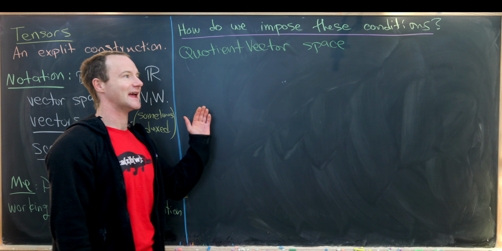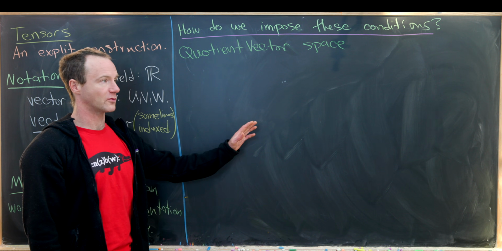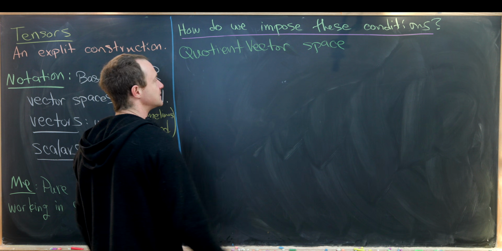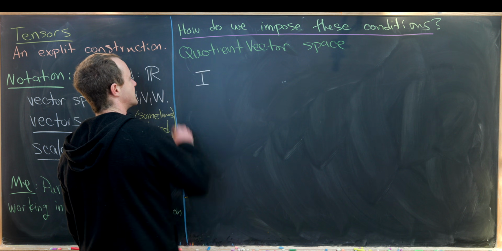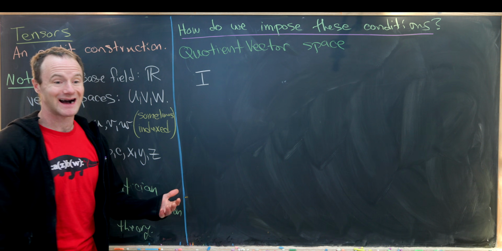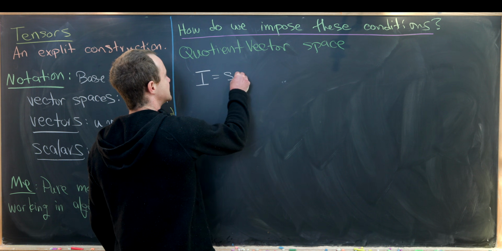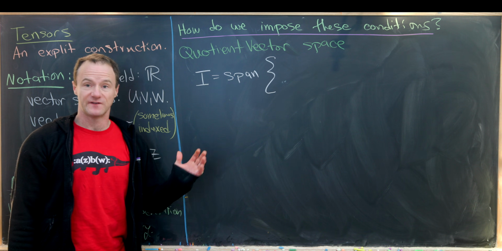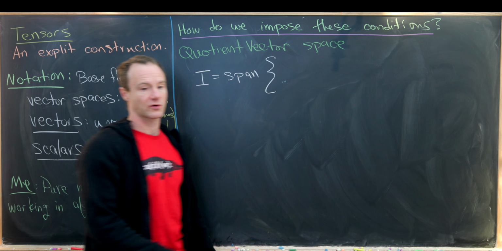So that means we'll need a subspace of our formal product and then form a quotient with that subspace. So let's consider the following subspace, which I will denote by I. And this is going to be the span of all such vectors in our formal product.